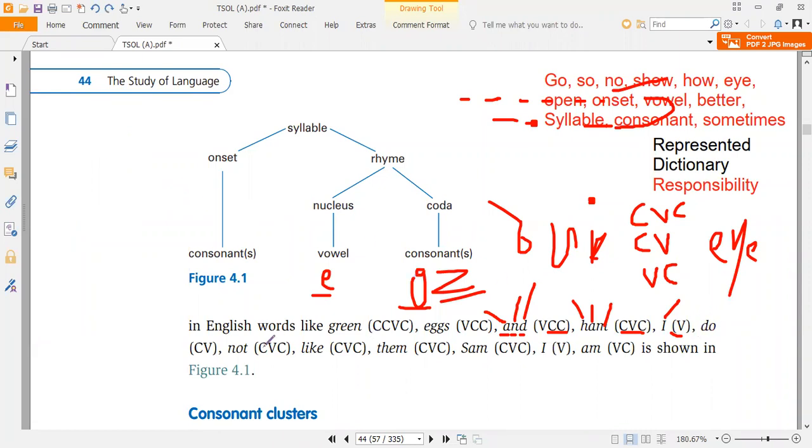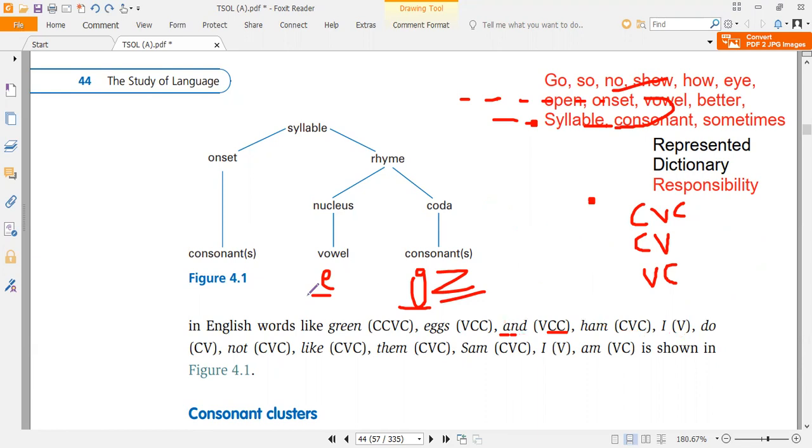We may have a CV structure. Look at the word do. The D is the C, right here, and then we have O. So we have CV structure. Again CVC: "kite", the K sound, then the vowel sound, and the T sound. Remember one thing, do not go for the spellings, please. Go for the pronunciation only, because in phonetics and phonology we are not concerned with the spellings, we are concerned with pronunciation.